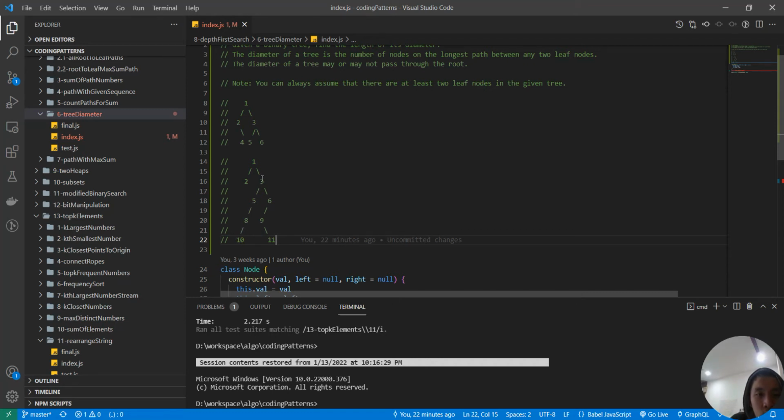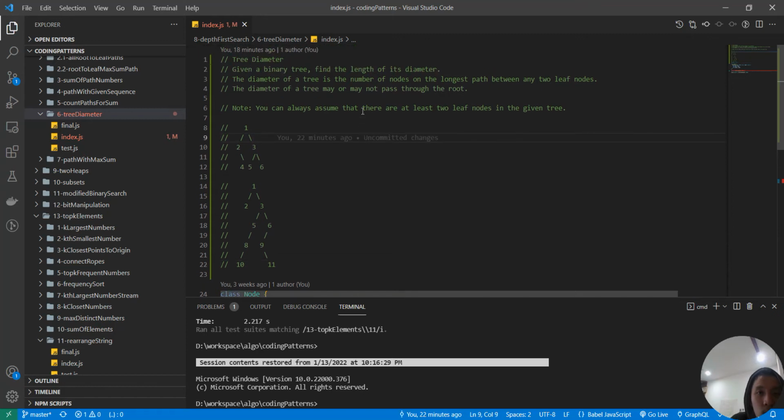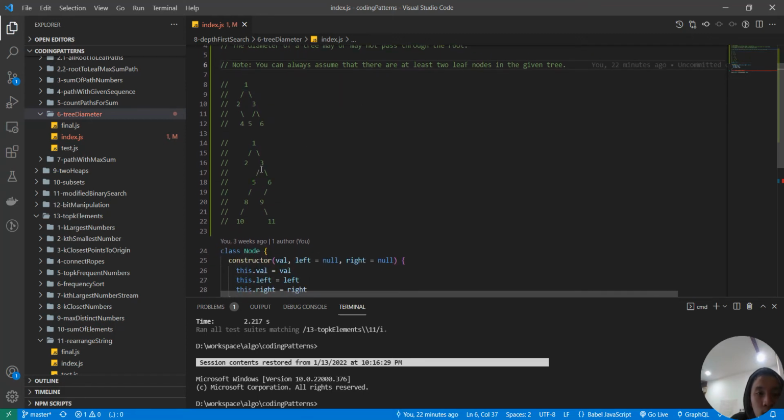This one will go this way and will not go through the root node. And there are a total of 7 nodes in this path, which is the longest that we can find in this tree. So here is the diameter. The diameter of this tree is 7. And as you can see, for this one, it doesn't pass through the root node, right?